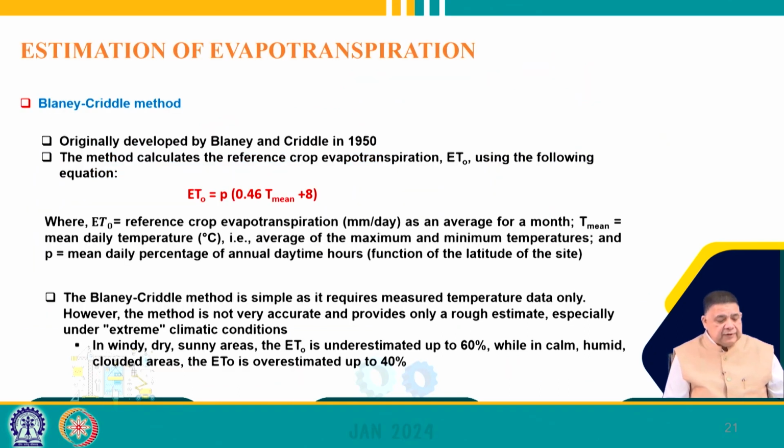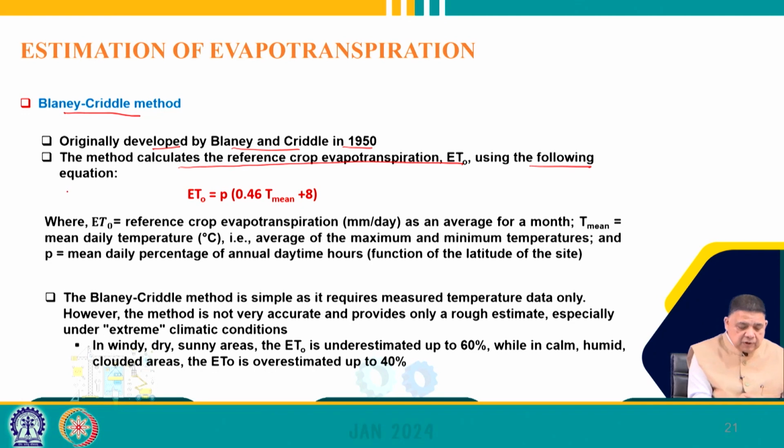Then the next method we consider is the Blaney-Criddle method, which was originally developed by Blaney and Criddle in 1950, and the method calculates the reference crop evapotranspiration ET0 using the following equation. So, ET0 is P times (0.46 T mean plus 8), where ET0 is the reference crop evapotranspiration in millimeter per day as an average for a month.